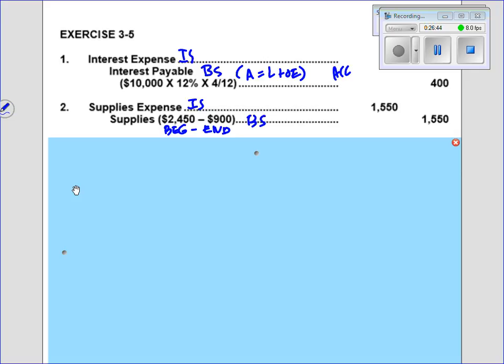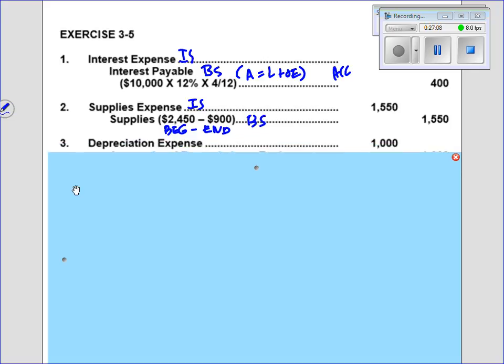Number 3, they made this one easy for us. Depreciation on our equipment was $1,000. So our equipment, valued at $7,000, actually lost $1,000 of value in this current year. That's an expense of doing business, isn't it? So the expense is the debit, depreciation expense.